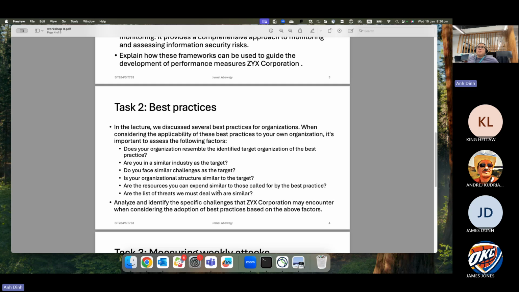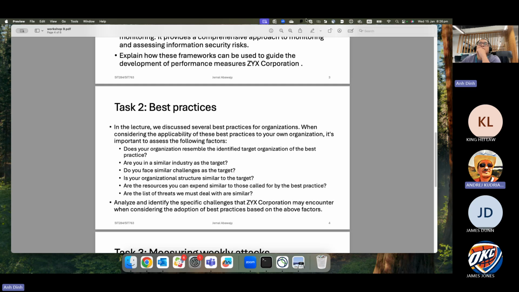The consensus here is that it's not just straightforward to take the best practice of one company and apply it to your own company, and people should be advised against that. They should take those best practices as guidelines only and design one that is highly customized to their environment.